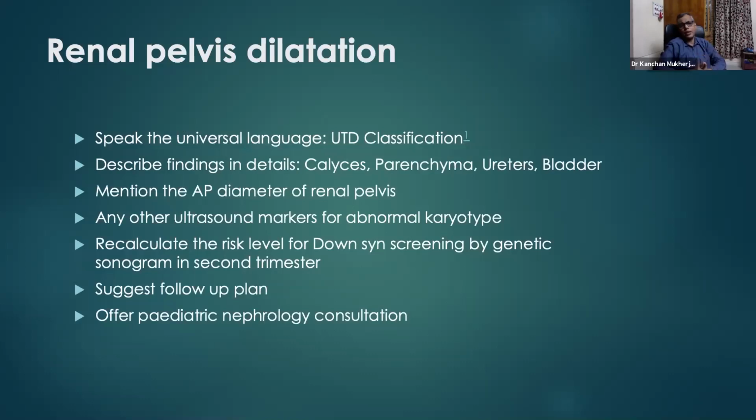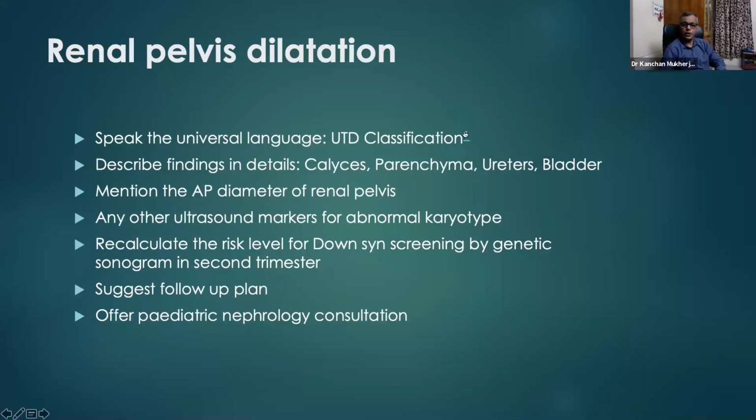Another very common condition, renal pelvis dilatation. If you just say renal pelvis looked relatively full, that's not enough. You have to speak the universal language, which is now available through urinary tract dilatation classification. Now, again, I put a hyperlink there, but that's not working.